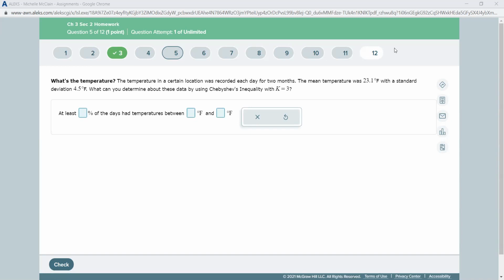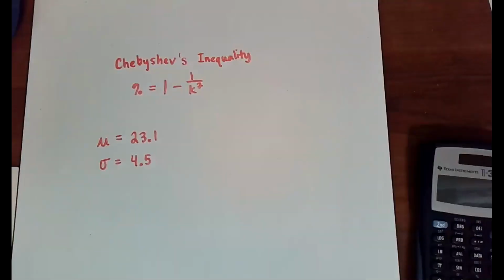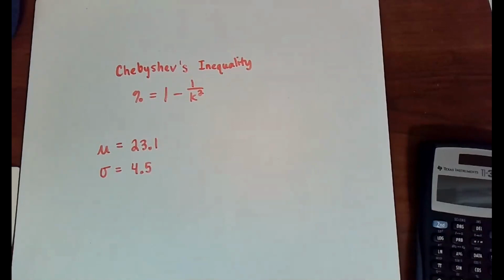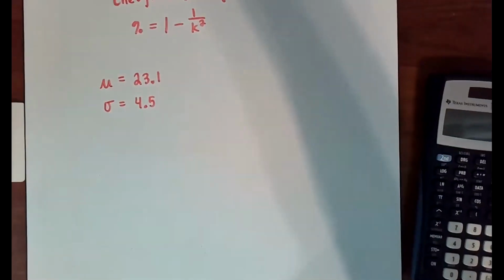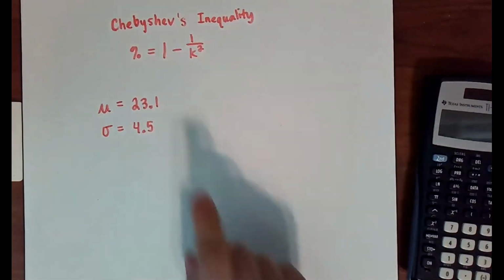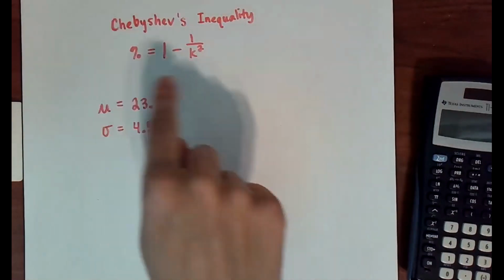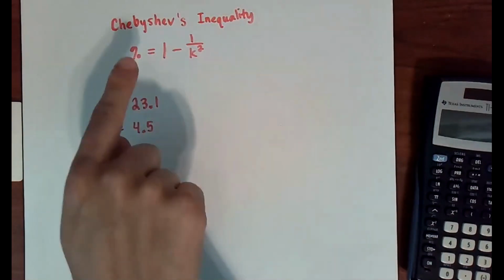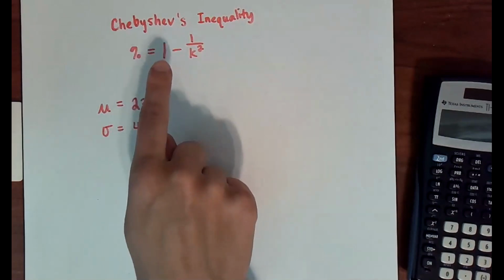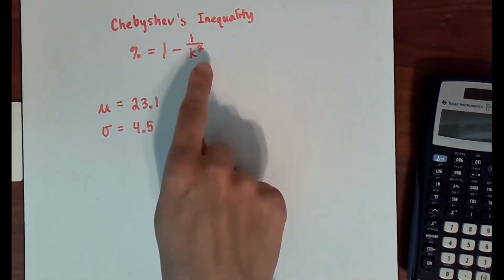Okay, so I'm actually going to switch my screen so you can see my scratch work for this problem. The first thing is that you need to memorize Chebychev's inequality rule, which is the percent equals 1 minus 1 over k squared.